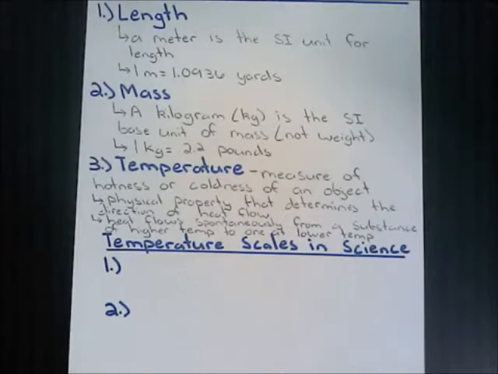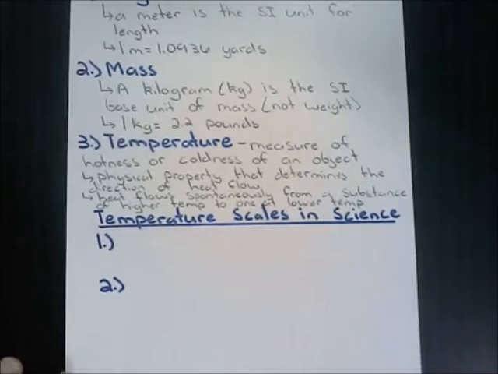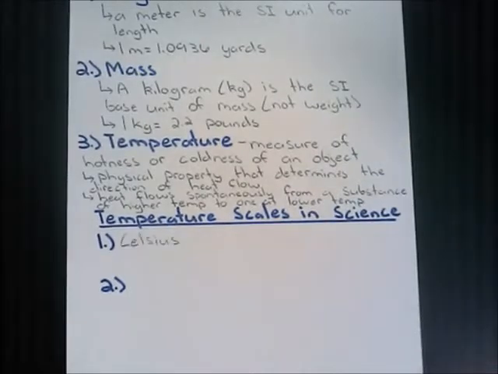Now, in science, we use 2 scales to measure our temperature. The first of which is the Celsius scale. In the Celsius scale, water is going to freeze at 0 degrees Celsius and boil at 100 degrees Celsius. This is at sea level or 1 atmosphere of pressure.